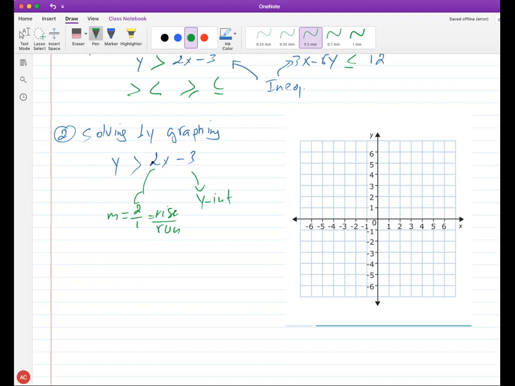From the x-axis? From the slope? Before the slope, we need to start from the y-intercept. The y-intercept, that's right. This point is called the y-intercept because it's always on the y-axis. You're going to find that point here, -3. That's our first point. We just need to get to the other point, and then we're going to draw the line.